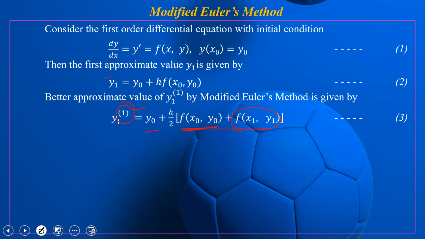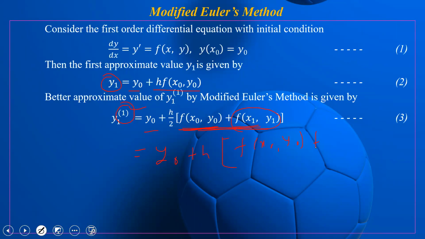We have already calculated y1 over here, so we take the mean of these two values, where y1 = y0 + h f(x0, y0).